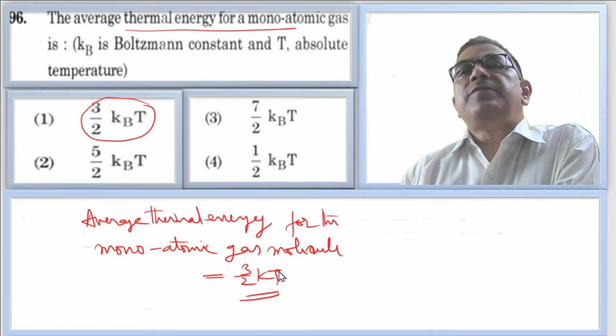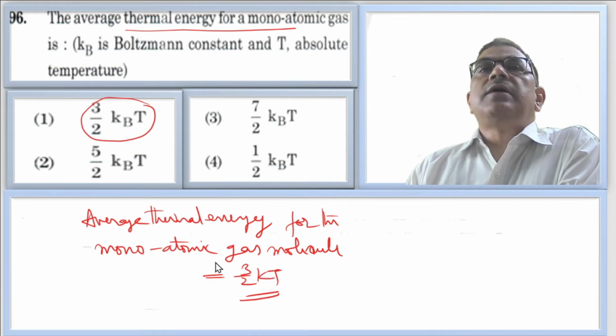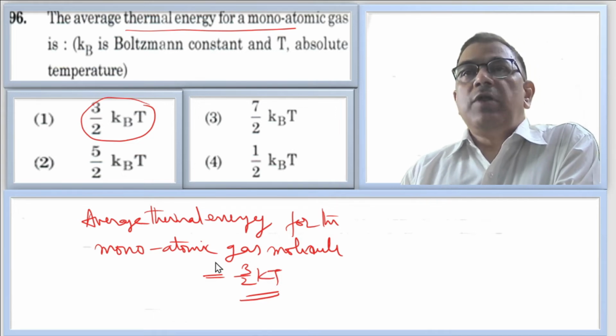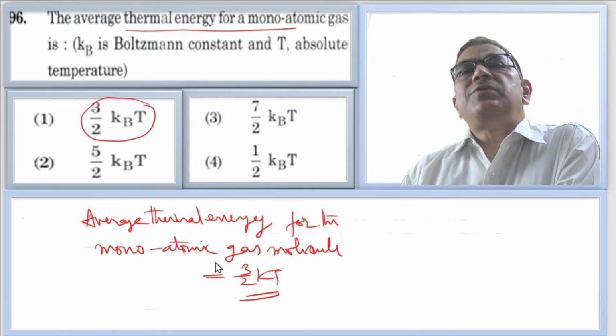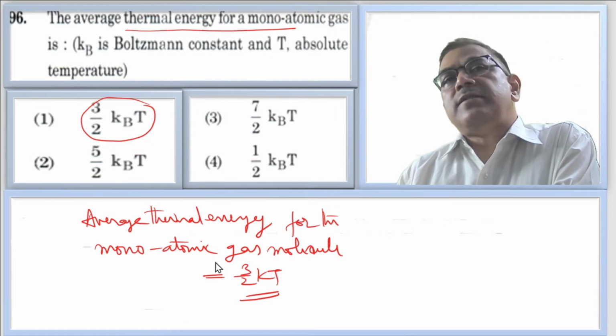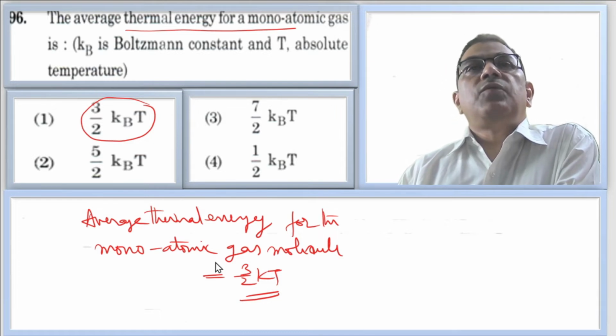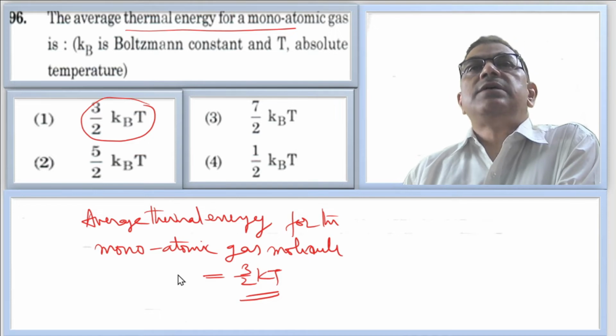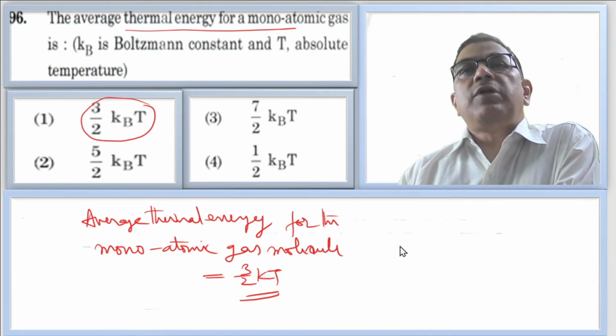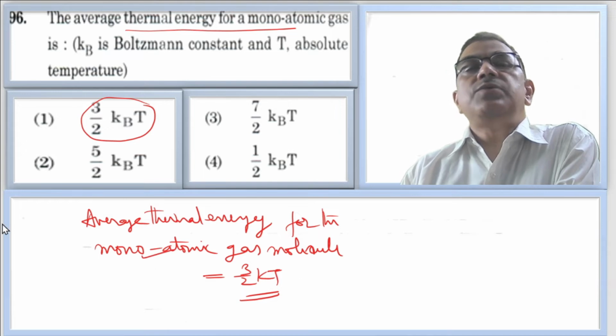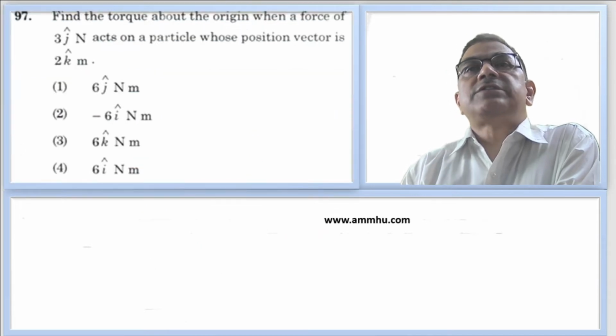And you should always know what it should be for a diatomic molecule and for a triatomic molecule, and you should also know whether the atoms are rigid or not, that is, whether we need to consider the vibrational degree of freedom or not. Anyway, this was for the case of a monoatomic gas, so the answer is 3 by 2 kT. This is pretty standard, straightforward.